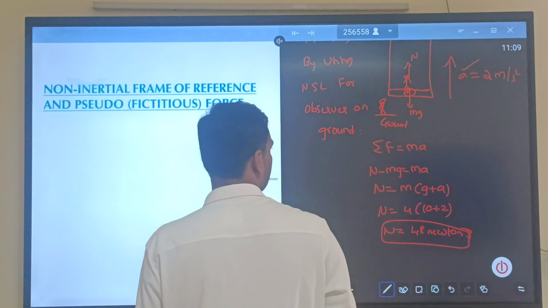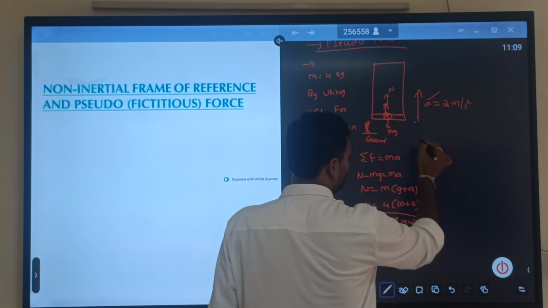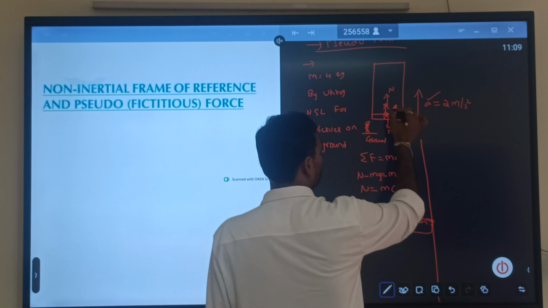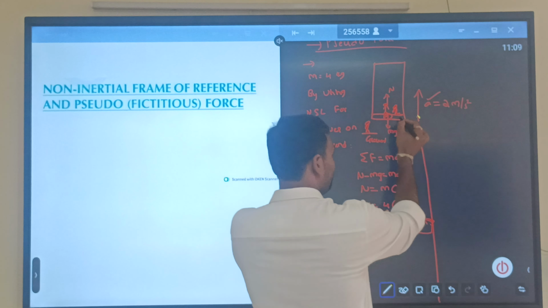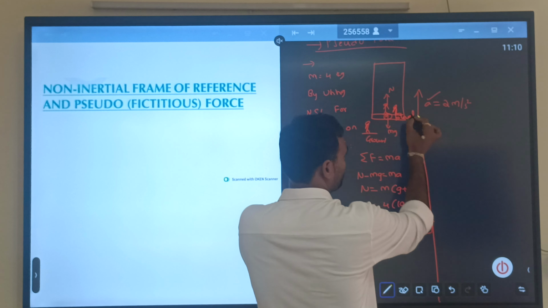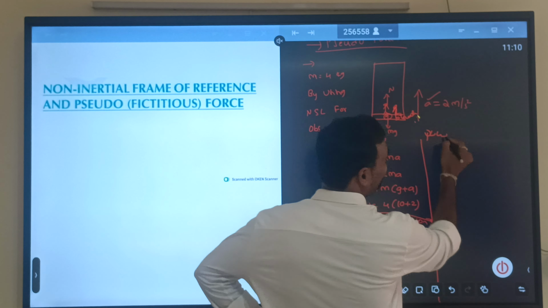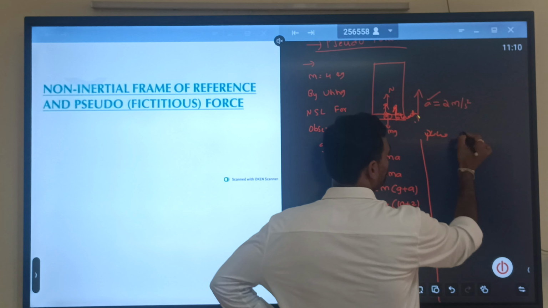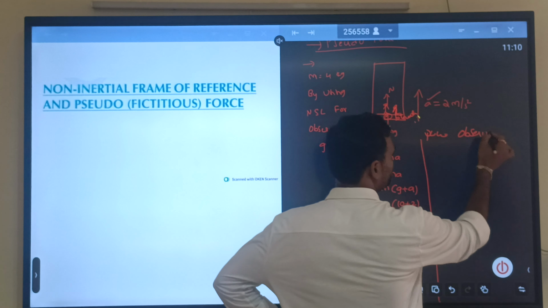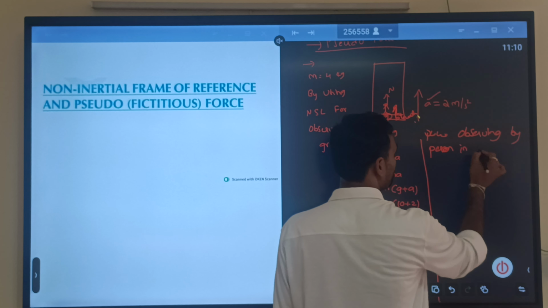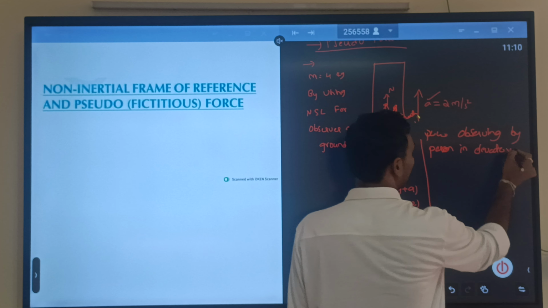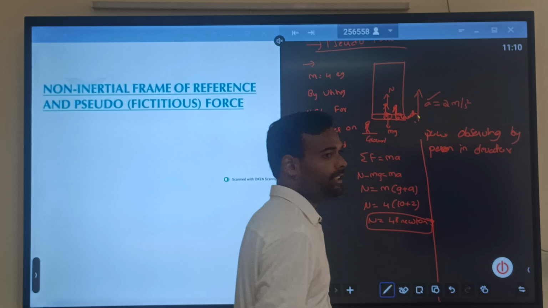Now a new situation arises. In that particular situation, suppose a person is present in the elevator. Now, observing by the person in the elevator, he is at rest with respect to the elevator, right?